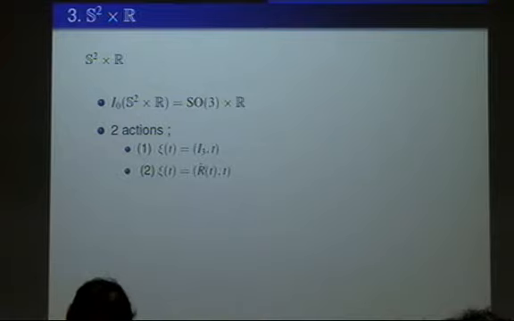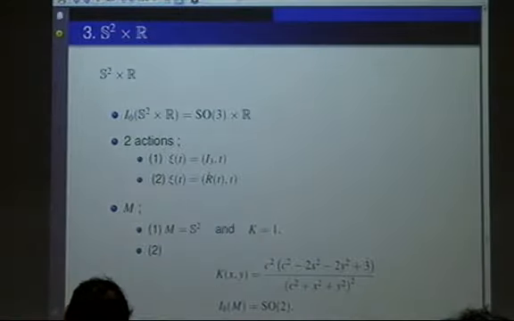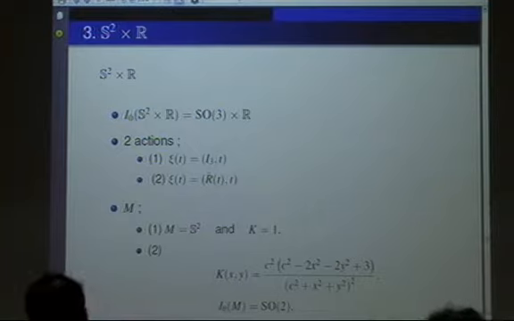The second one, I don't know whether I should call it a screw motion or not, but anyway, this is a rotation together with a translation on the last component. Now we have two kinds of M. For the first case, you may easily guess that M is just S2, because the action is translation along the z-axis.